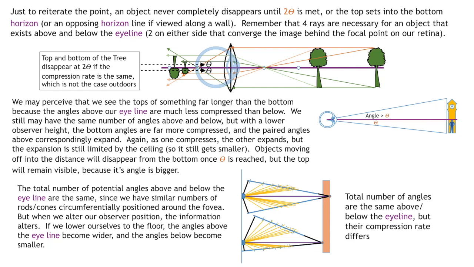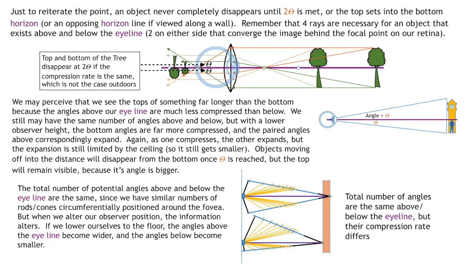So we may perceive that we see the tops of something far longer than the bottom, because the angles above our eye line are much less compressed than below. We still may have the same number of angles above and below, but with a lower observer height, the bottom angles are far more compressed, and the paired angles above correspondingly expand. As one compresses, the other expands, but the expansion is still limited by the ceiling, so it still gets smaller.